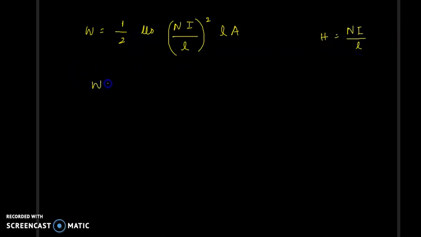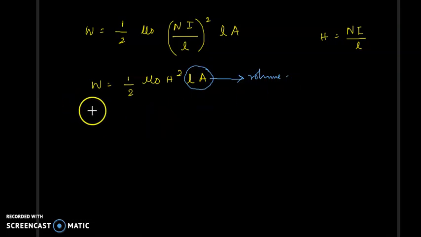So again, mu naught, in this place H squared l A will come. What is A into l? Area into length is nothing but volume. Then what is the expression of energy stored per unit volume?